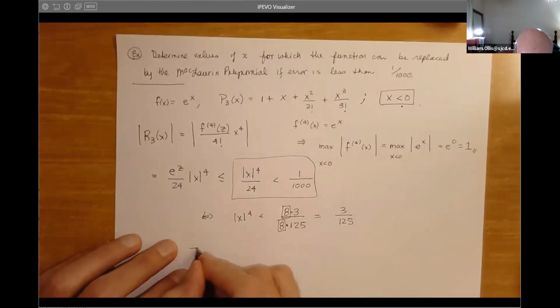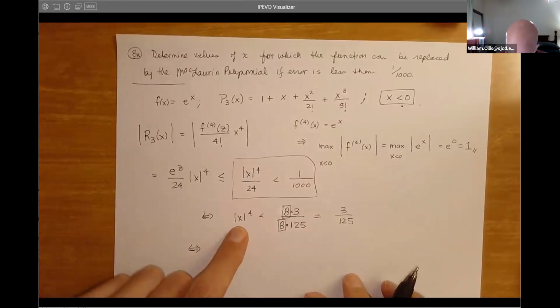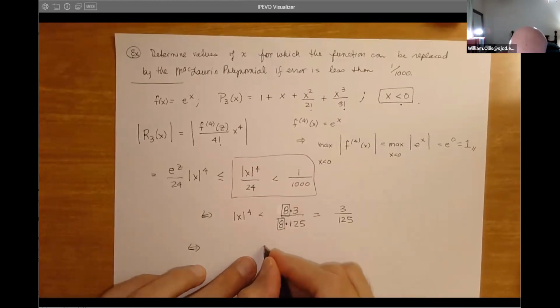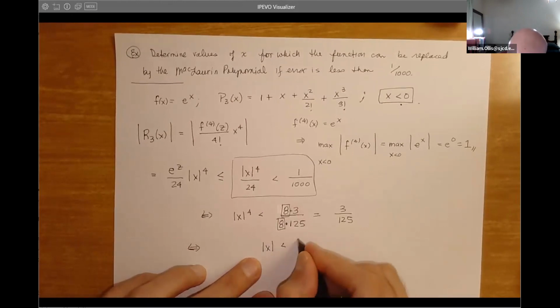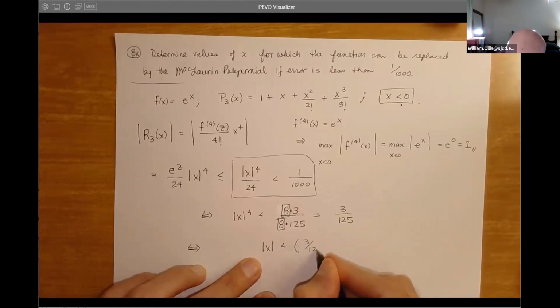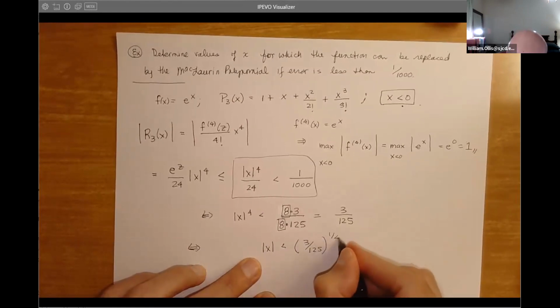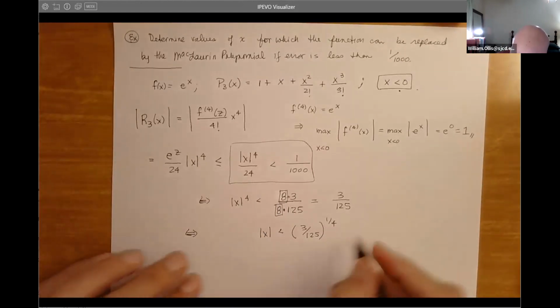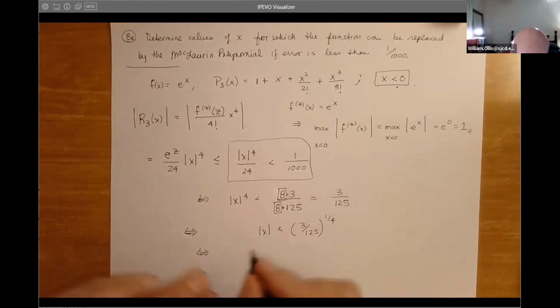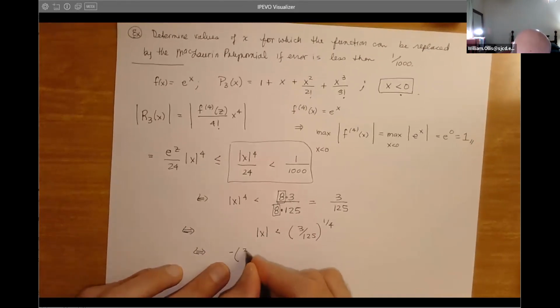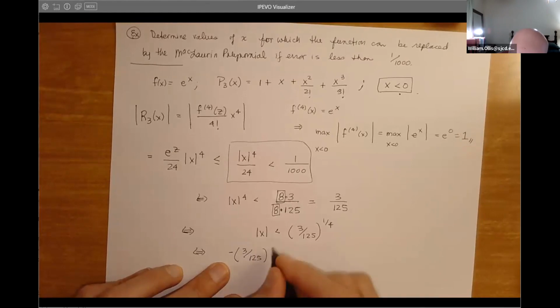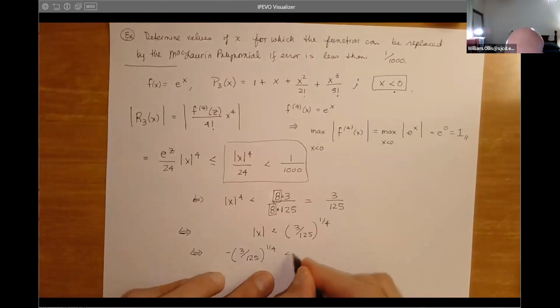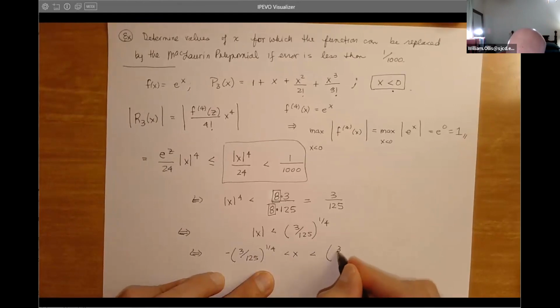So now equivalently, this is just a conjunction. So this means that x in absolute value will be less than the fourth root of this value. And then, of course, this spreads over either side. So now, if and only if, we have negative 3/125 to the 1/4 less than x less than 3/125 to the 1/4.